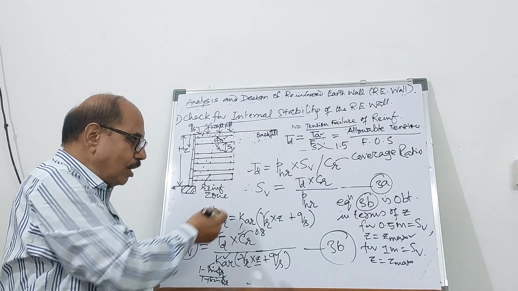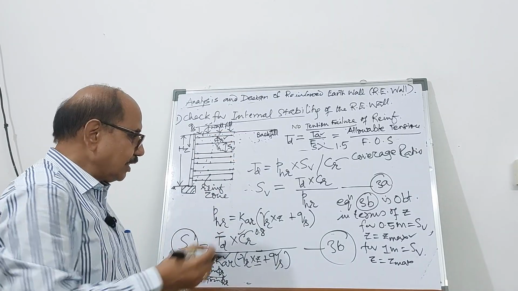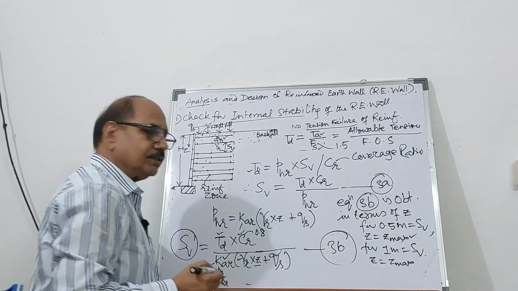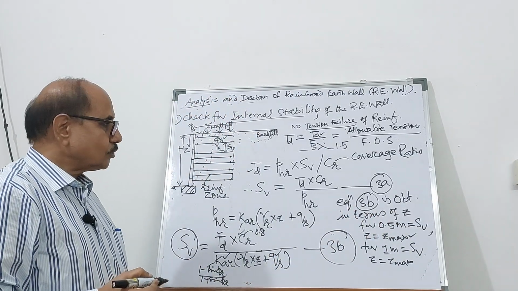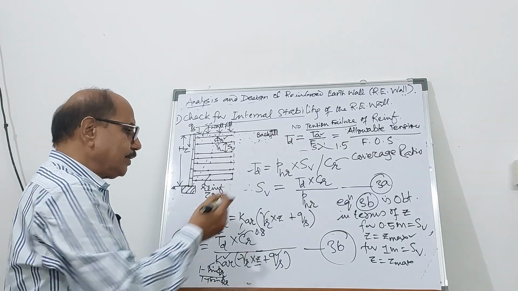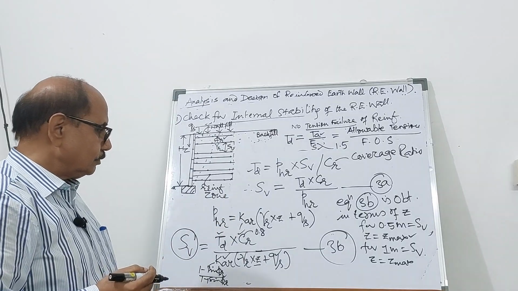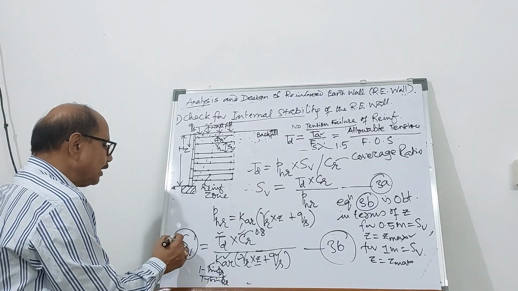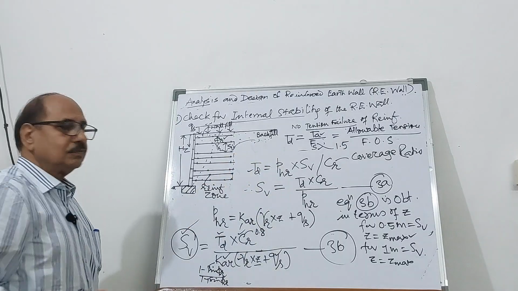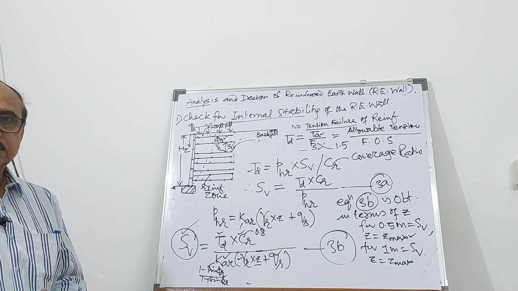But as you go down, you will have to provide the vertical spacing of 0.5 meter. When I take a design problem, I will elaborate it in detail. So I have calculated this.